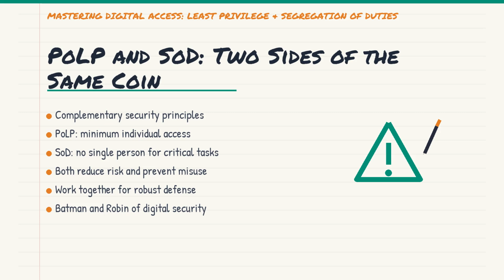Think of it, you apply PoLP to make sure your PO_creator can only create POs and nothing else. Then you apply SOD to make sure that PO_creator can't also be the PO_approver. See how they work together? They're like Batman and Robin for your digital security, tackling different angles of the same problem.